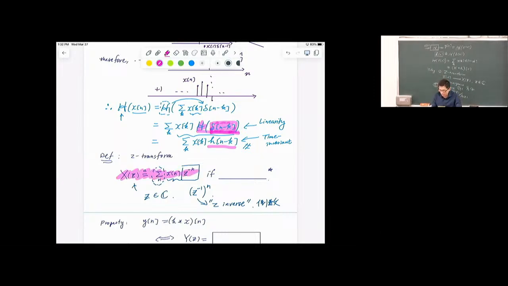But we need to be careful. We say X of z can be defined as this infinite sum only if the sum converges.